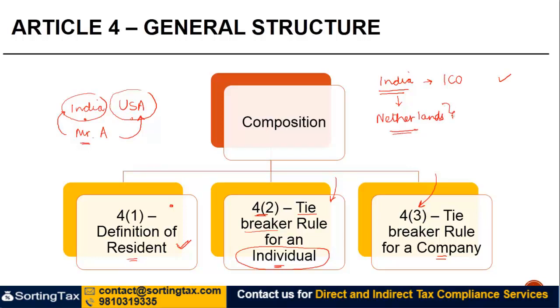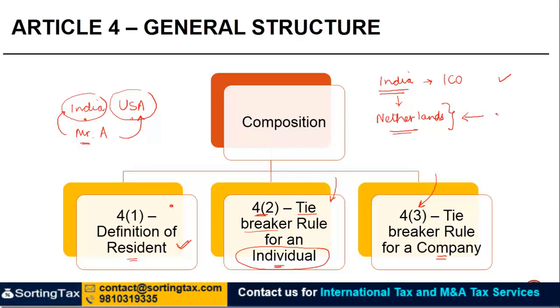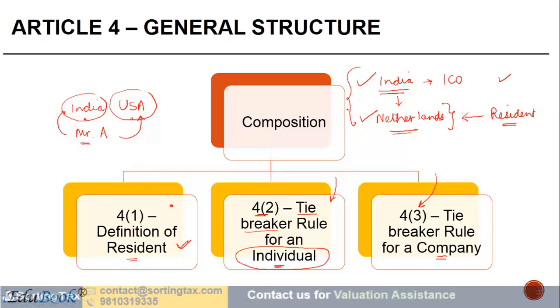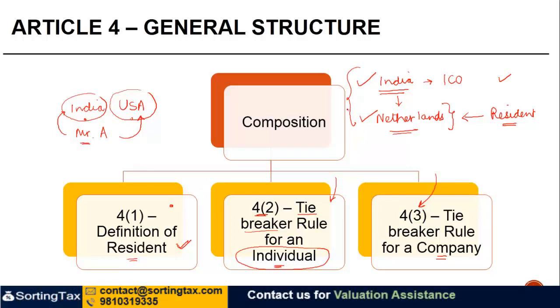If that be the case, and Netherlands says that if the entire management is in Netherlands, you'll become a tax resident of Netherlands, this company may end up becoming a resident of India by virtue of its incorporation, and it may become a resident of Netherlands by virtue of the management. In such a case, how you decide which of these two countries should consider it as a resident is something which is covered by Article 4(3).